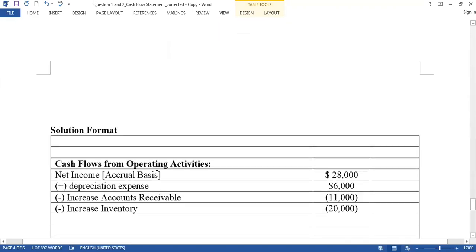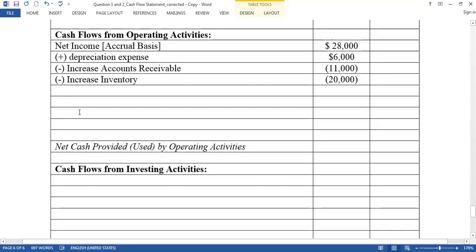So here, decrease in accounts payable is $12,000.